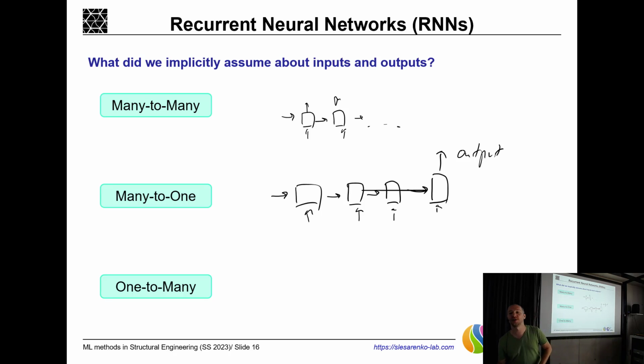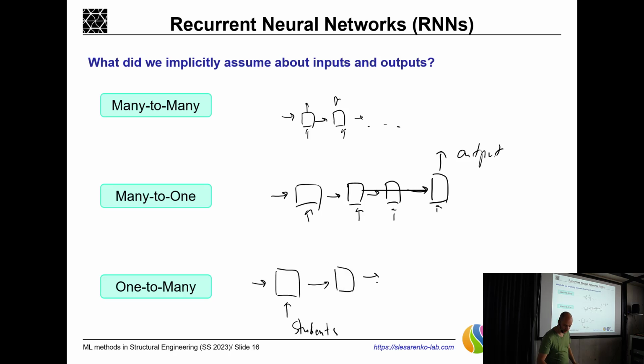That's text generation or image generation. What you can do in this case is say, I put one thing in, the first word, I don't know, students. And then what's happening, you actually just have output here, output here, output here, and it just generates your sentence. And that's actually what language models are doing, and we will talk about that in a couple of slides.